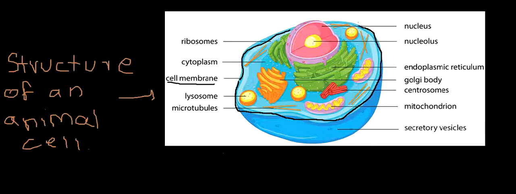So the cell membrane acts as the wall of the cell. Consider this is a village, and the village has got a wall. Today we have concrete walls, but for the cell, the walls are made up of various carbohydrates, sugar molecules, nitrogenous bases, proteins, lipids, etc. So considering this village, we have this wall known as the cell membrane.